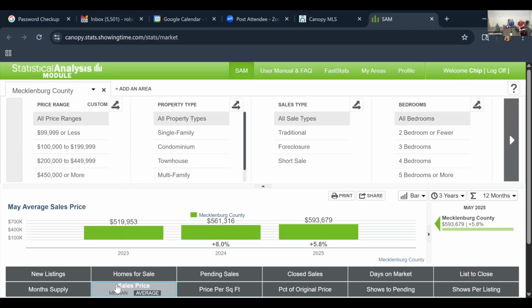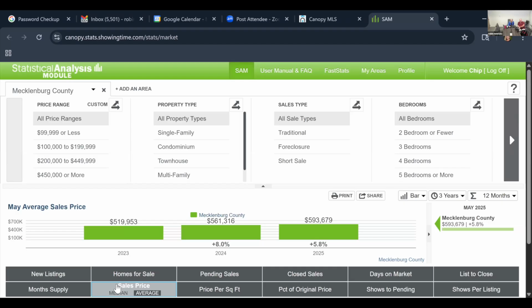So here's the reality of it. What's happened with the prices of real estate in Mecklenburg County over the last 2 years? How much equity have people missed out on because they wanted to wait for something that isn't happening or hasn't happened yet? Think about it for a minute, guys. The 519 average price is now 593.